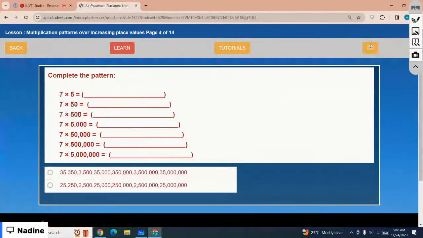Okay, the next one is complete the pattern. 7 times 5 equals, the correct option is option number 1. 7 times 5 is 35.